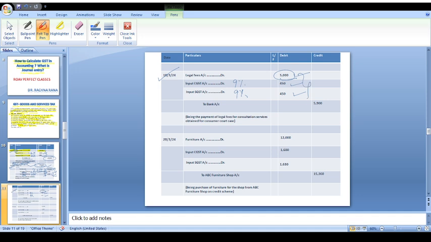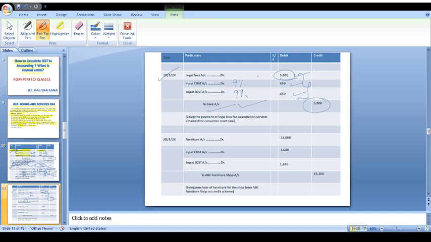After adding all these values, the total is 5,900, and it will be credited to Bank, meaning legal fees, CGST and SGST, all this amount will be paid by cheque.